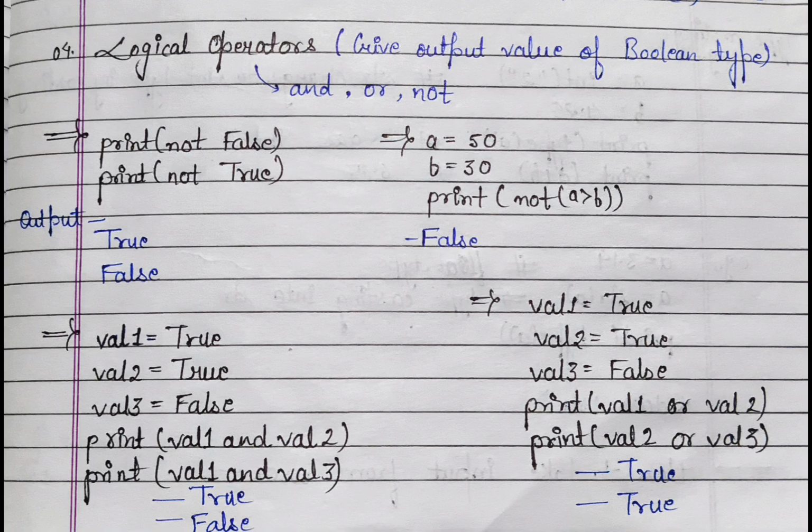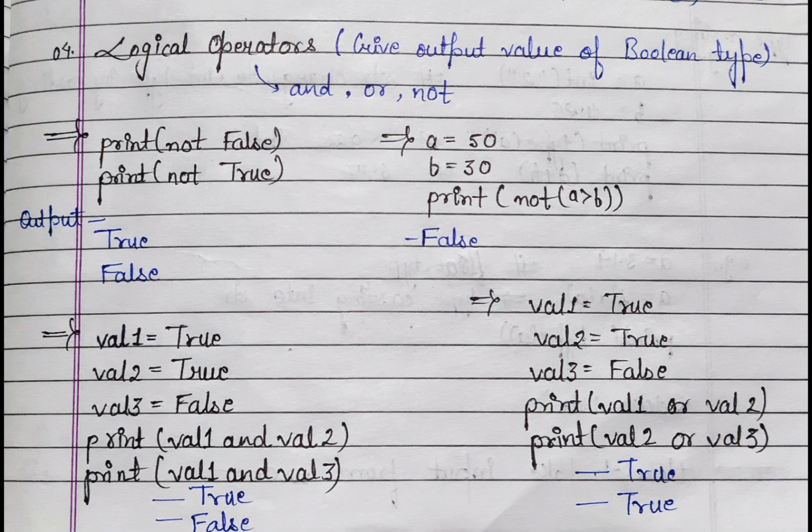The last example is saying that val1 contains true, val2 contains true, and val3 contains false. The first print function is saying val1 or val2. Val1 is true and val2 is true. So this line is saying true or true.